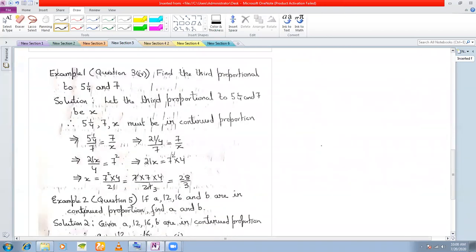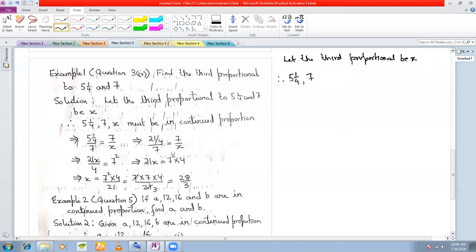Now question: find the third proportional to 5 1/4 and 7. You need to find out the third proportional. Let the third proportional be x.